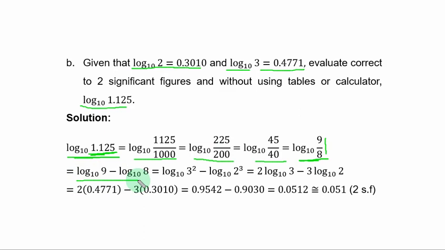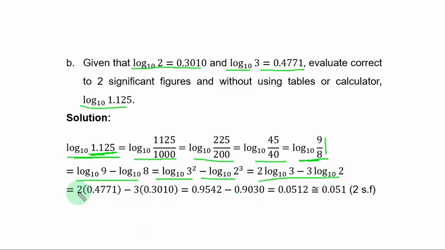To have 2 and 3, you can express 9 as 3 squared. That is log 3 squared base 10 minus log 2 cubed base 10. By the power law of logarithm, the powers 2 and 3 are used to multiply their respective logarithms in this form.